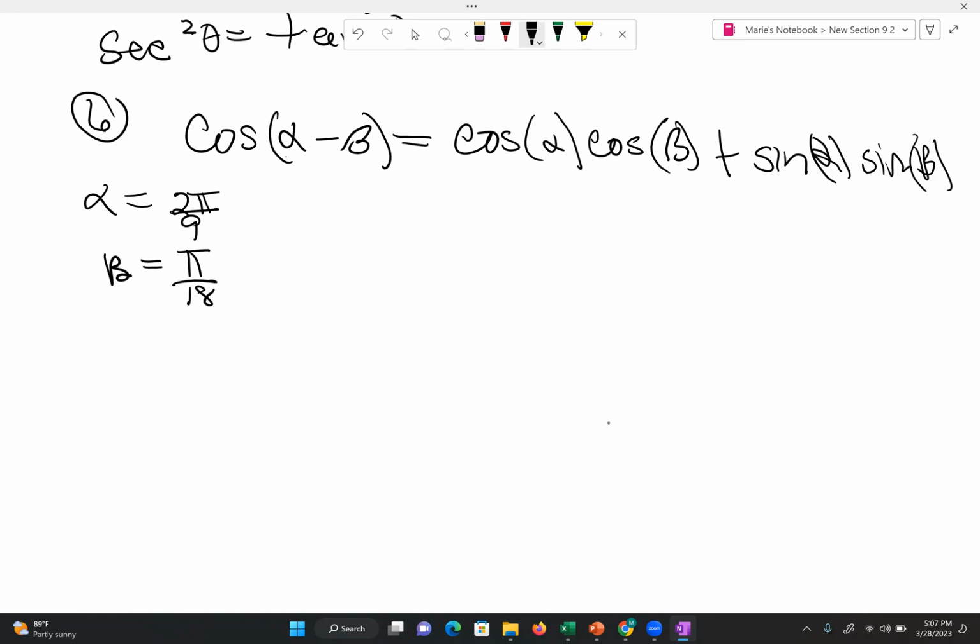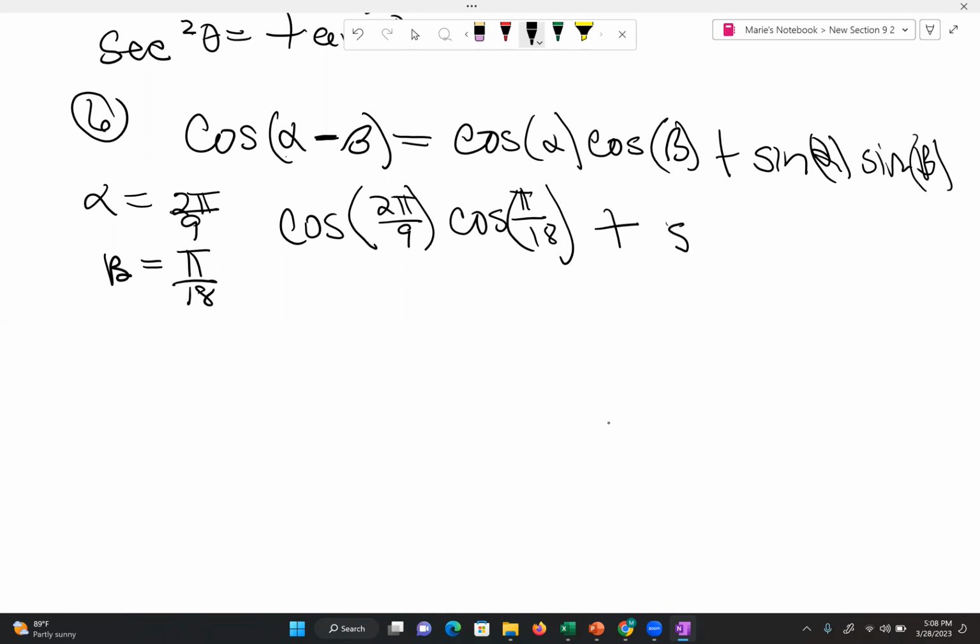So in this case, we have cosine of 2 pi over 9 times cosine of pi over 18. And then this is plus. This is why I knew this was negative, because they're always opposites on the cosine. And then this is sine alpha, which is 2 pi over 9, times sine of pi over 18.